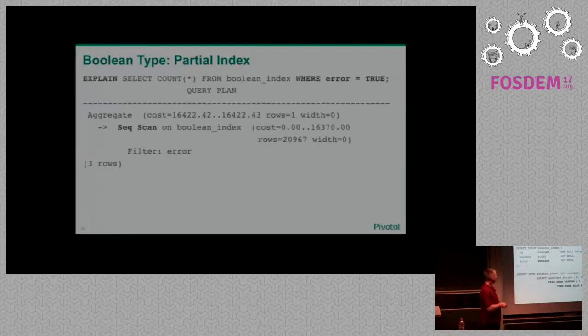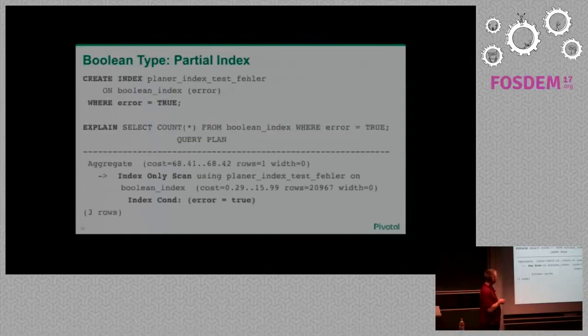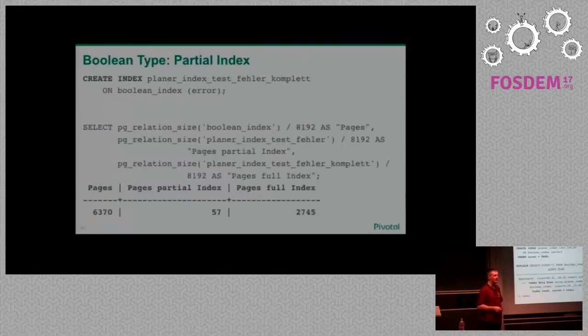Okay, I just generate my data here. I have like 2% error values in my table. And if I have a conditional index on my column, I can use this index to find out, here's my index, where error is true. And I can use this index to find all the values where my error is true. And in comparison, let's look at the size of this index.